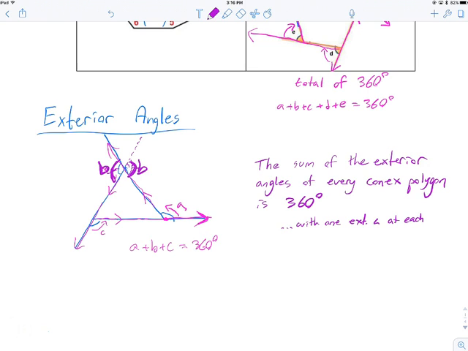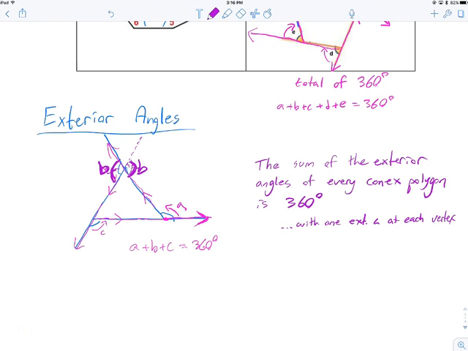We're not talking about adding up both, but if we did add up two copies of every single one, we'd just get 720 degrees. But we add up one copy of each of those exterior angles, and we get 360 degrees.